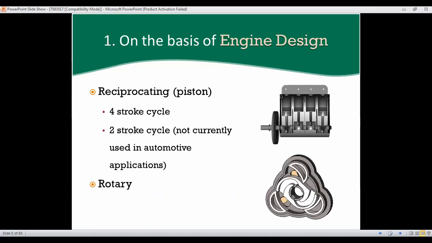So on the basis of engine design, first is the reciprocating piston. Reciprocating piston means the piston motion is up and down like this. On the basis of this reciprocating type, we can divide into 4-stroke and 2-stroke cycle.